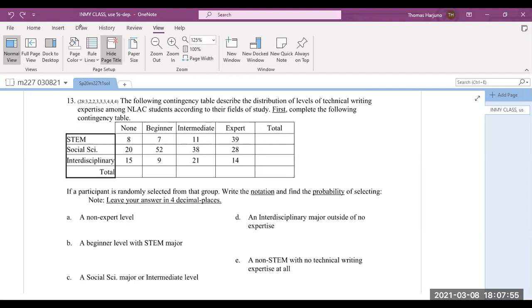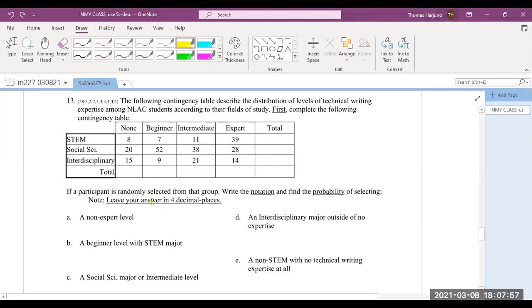Okay, but this one, leave your answer in 4 decimal places. For A to C, you need to write the notation first and then compute the probability. Okay, let me give you 8 minutes for this. So we come back at 6:16. Yeah, you need to get the total first.